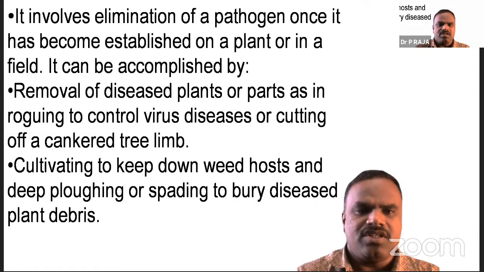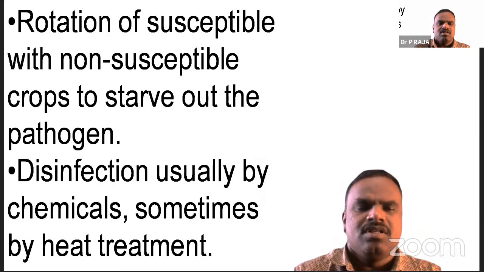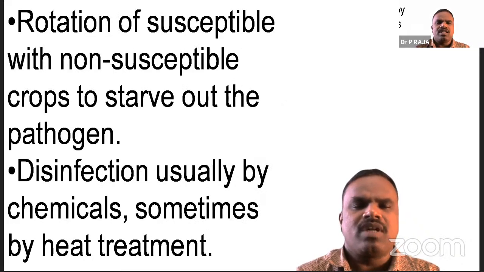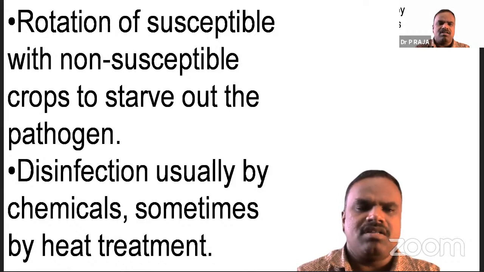And then cultivating to keep down the weed hosts, and deep plowing. After cutting down, we must burn them if it is there in the weed host. With deep plowing, we bury them into the deeper soil, and that will kill all the pathogens. The next one is rotation of susceptible with non-susceptible crops.